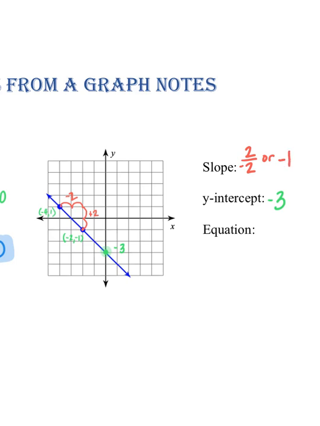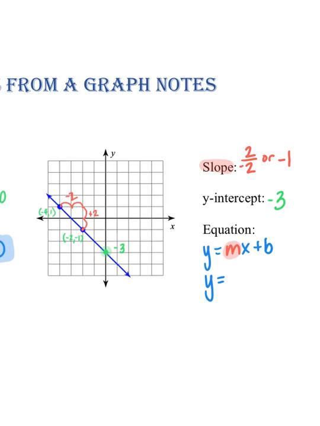Okay. Now I have all of the information that I need to write my equation for y equals mx plus b. So y equals my slope, or my m. Remember, always remember our m is our slope.